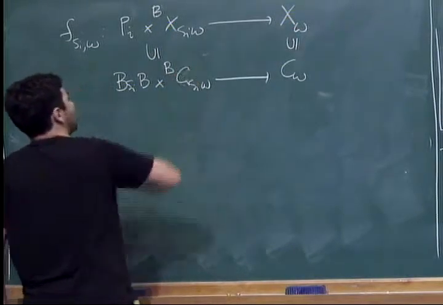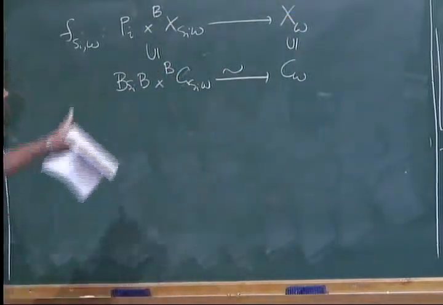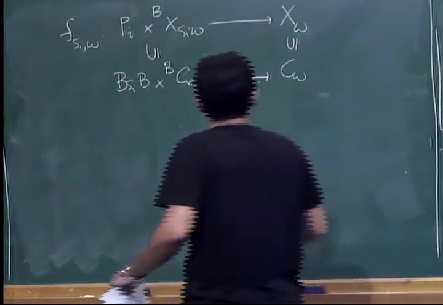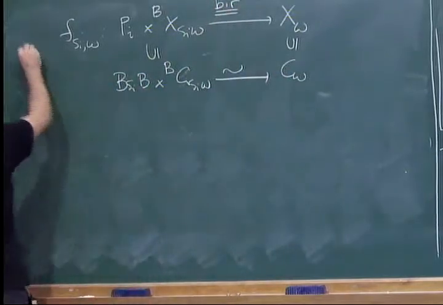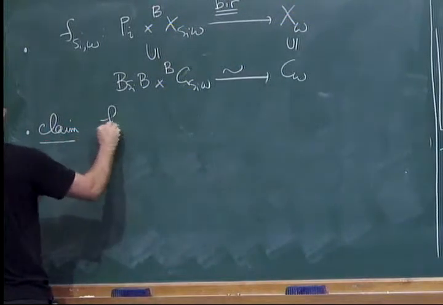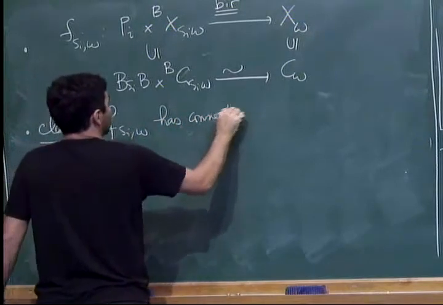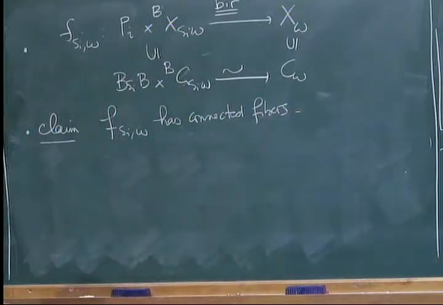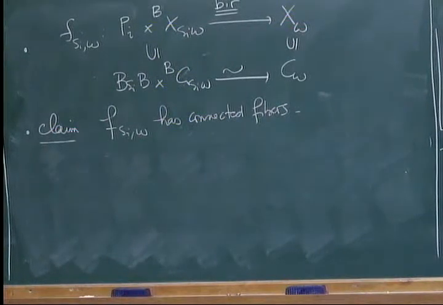Sorry. So you can check that this is an isomorphism. Okay, so the map is birational. The claim is that this map has connected fibers. Again, the situation is very concrete, so you can check by hand that the fibers are connected.